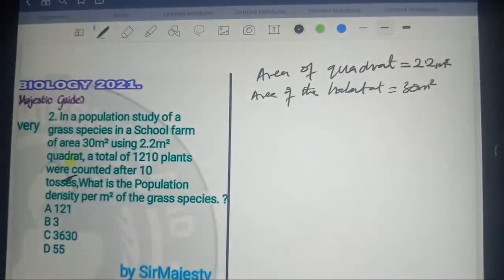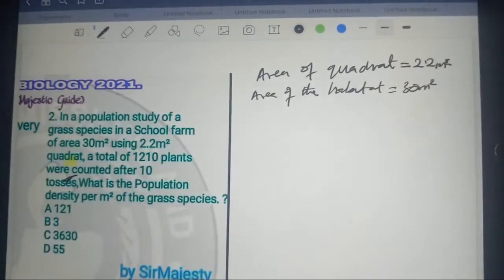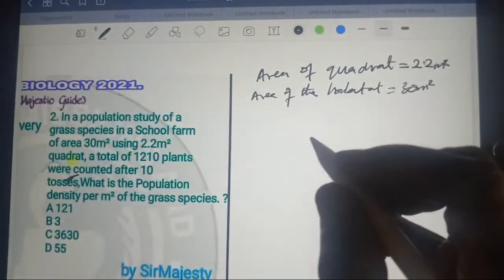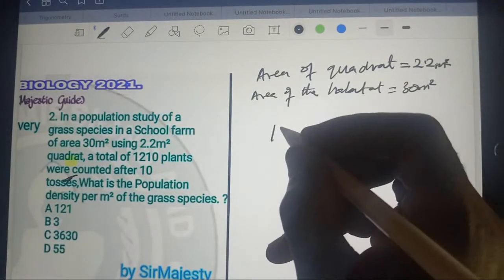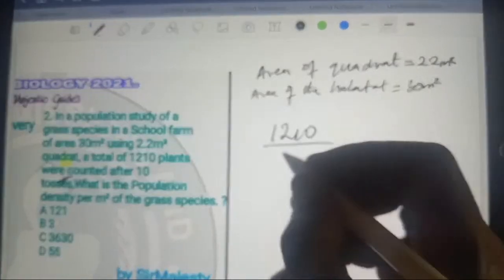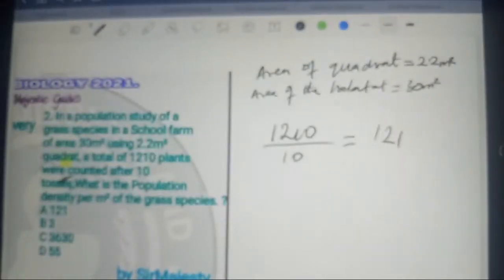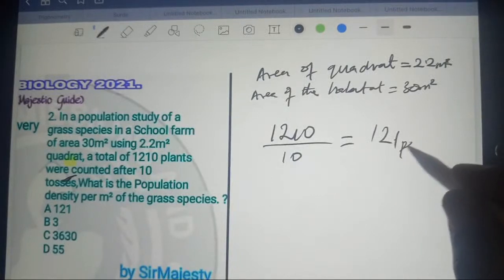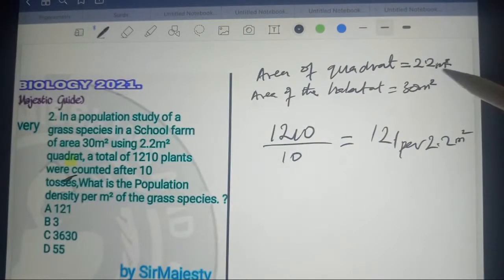Then after 10 tosses, which means the total toss is 10, and the total plants obtained is actually 1,210. So for you to get the average of plants per toss, you say total number counted all over total tosses, which will give you 121. So you have averagely that 121 is present per 2.2 meters square, because that is the area of the quadrat.